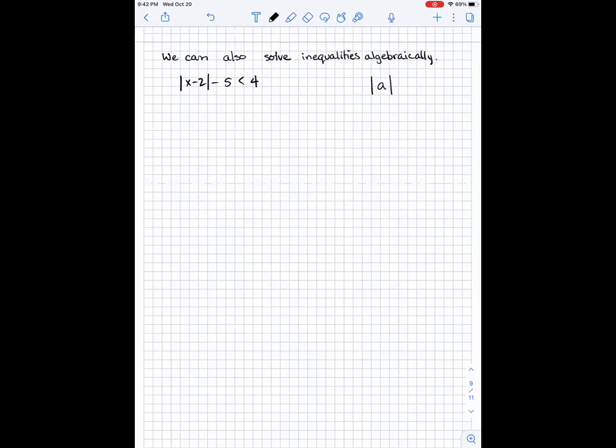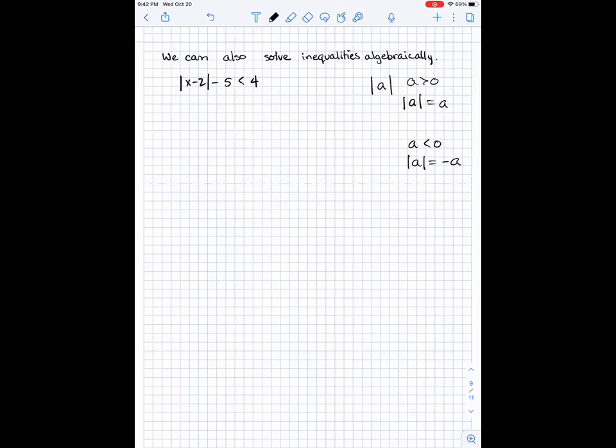If a is greater than 0, the absolute value of a is going to be equal to a. If a is less than 0, that means the absolute value of a is going to be equal to the opposite of a. Sometimes that's easier to look at with numbers.